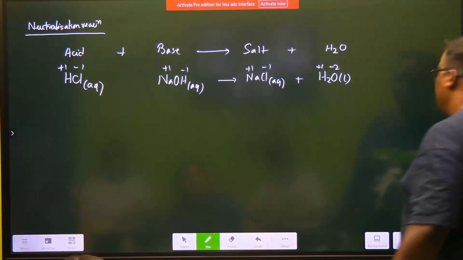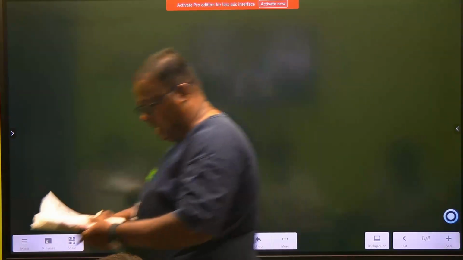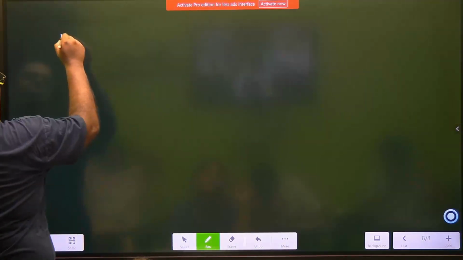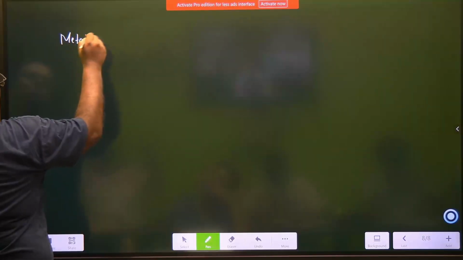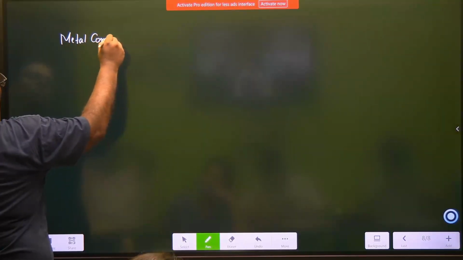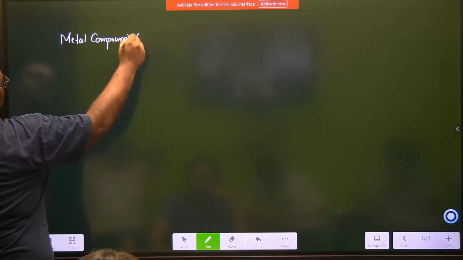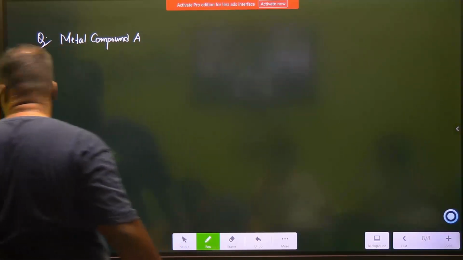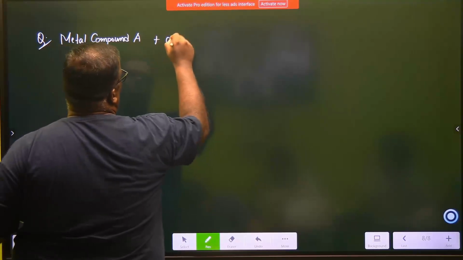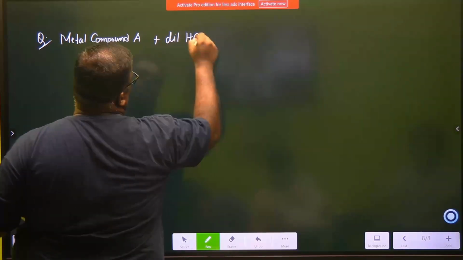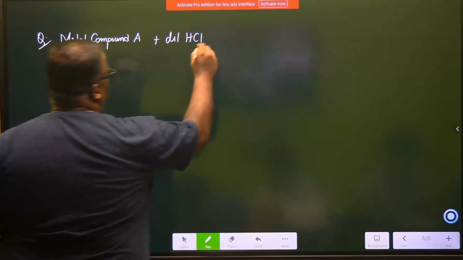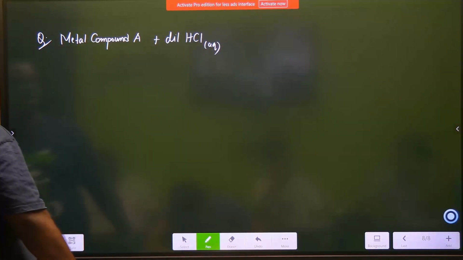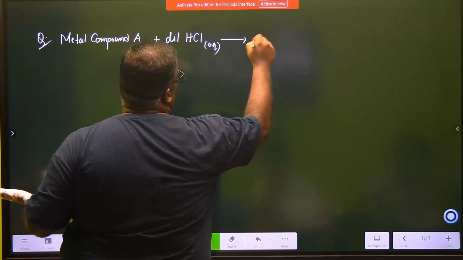Let's pick up one question from the book and see whether we can answer it or not now. This question says that there is a metal compound, and the name of the metal compound is A. A as a metal compound reacts with dilute hydrochloric acid, which means this is in aqueous form because it's reacting. Fine. And it produces effervescence.